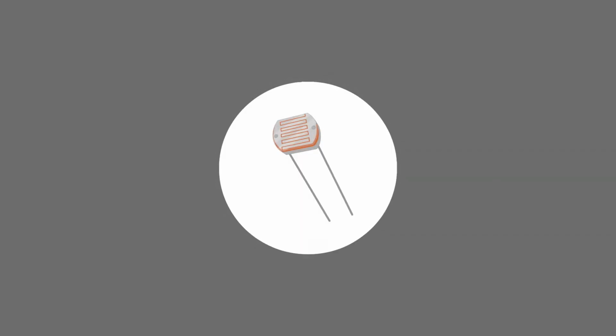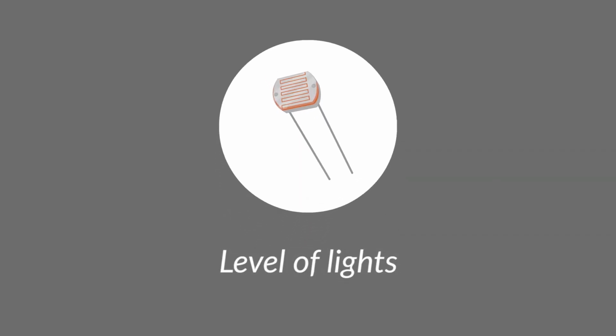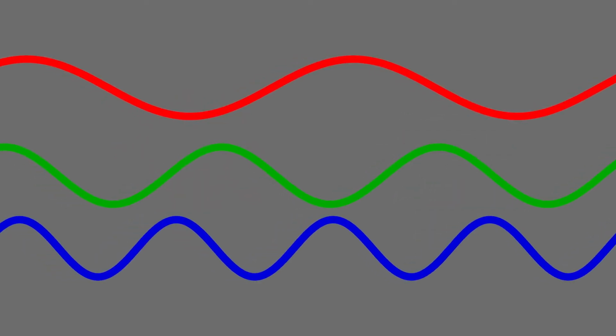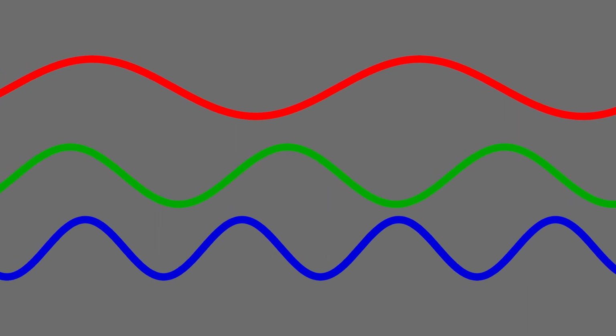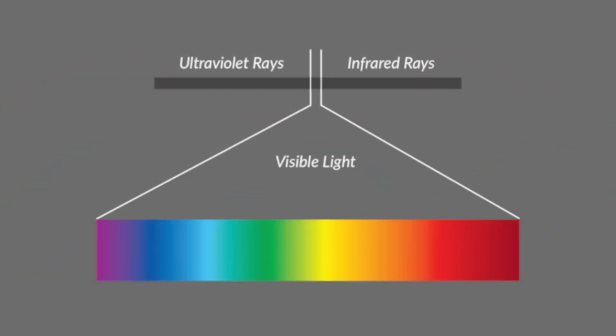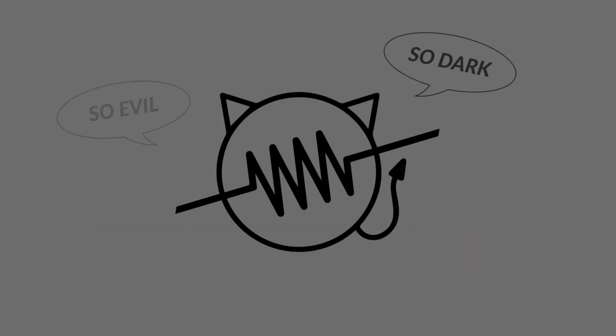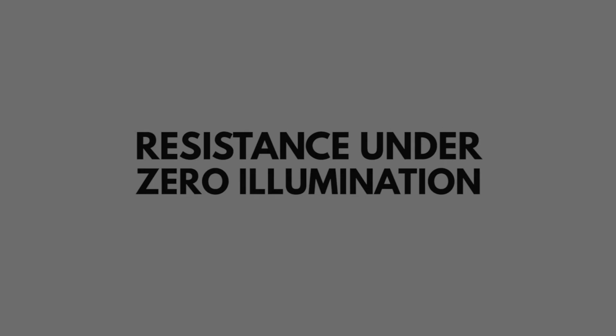Accuracy of light sensors depends on the level of lights. Photocells are more sensitive to red and green light as compared to blue light due to the longer wavelength of red and green light than blue light. Red light is also nearer to the light spectrum of infrared light. On the other hand, dark resistance, the resistance of photocells under zero illumination lighting condition, greatly affects the accuracy of the sensor.